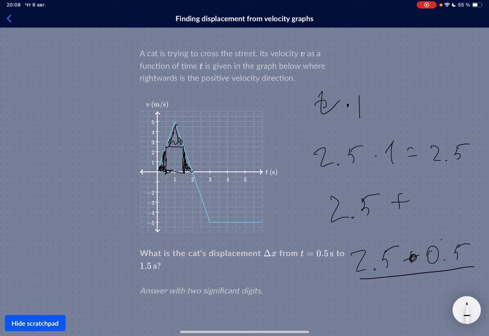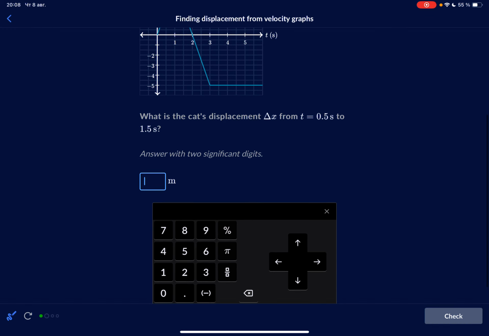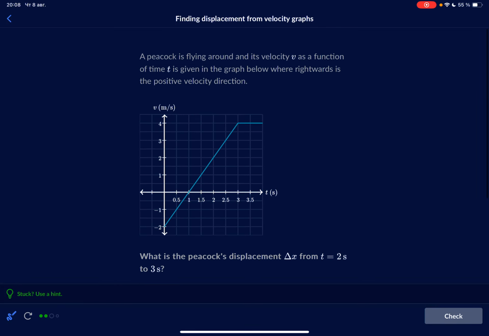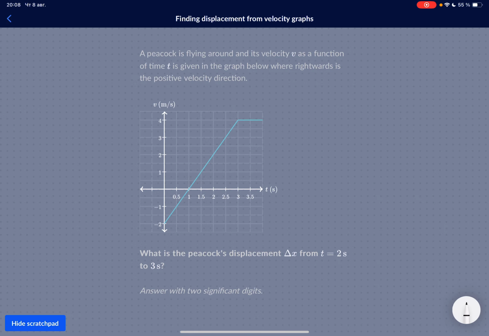So if it's going to be 1, we should divide it by 2, and that would be 1.25. So the answer is 3.75. We're right.